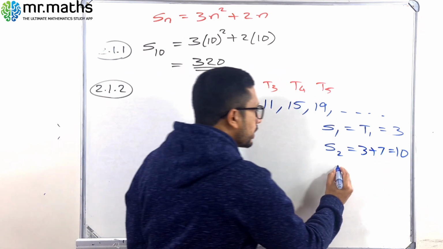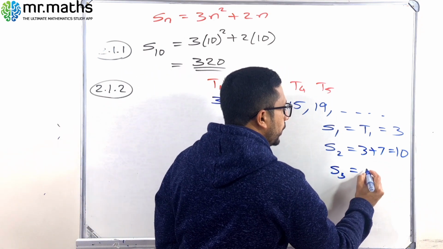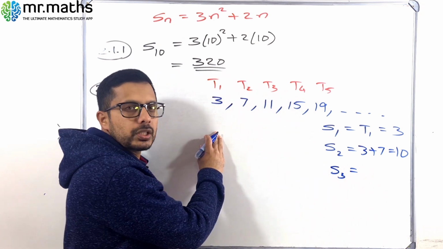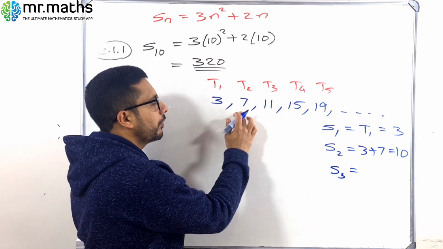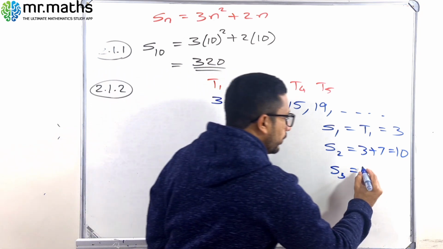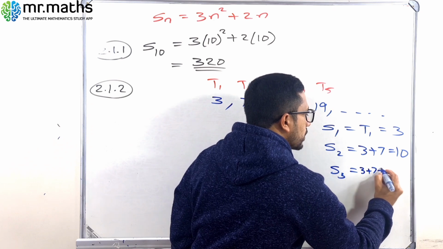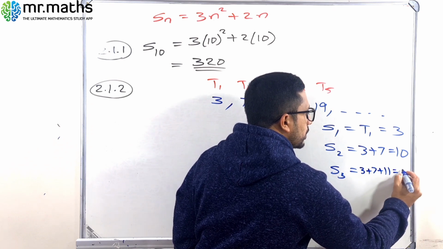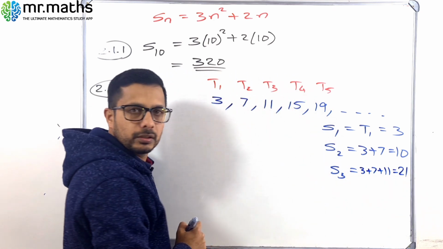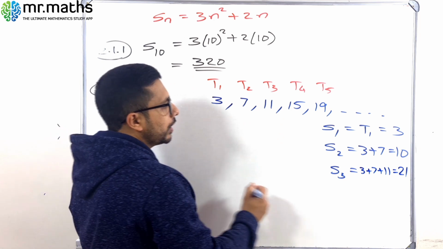Then what is S3? S3 means the sum of the first three terms: 3 plus 7 plus 11. So it is 21. Then what is S4?